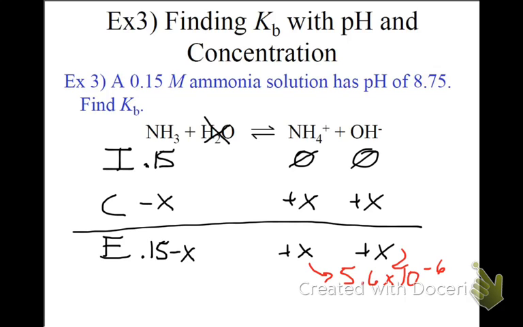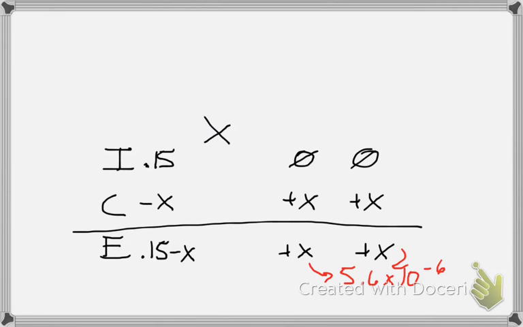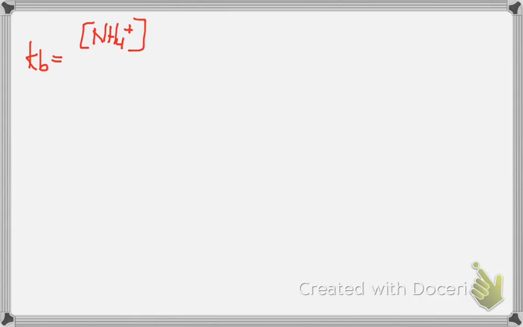So we can take all three of those and plug them in to solve for the Kb of this particular reaction. Let's go to a clean screen to do that. So remember these numbers, 0.15 minus x, plus x, plus x, and all those x's are 5.6 times 10 to the negative sixth. So Kb is going to be equal to the concentration of ammonium times the concentration of hydroxide divided by the undissociated ammonia, NH3.